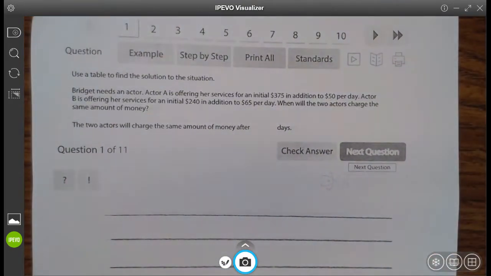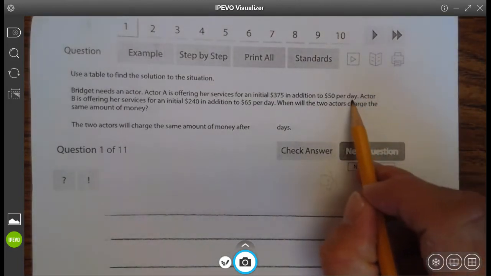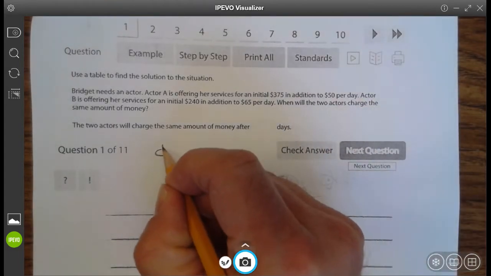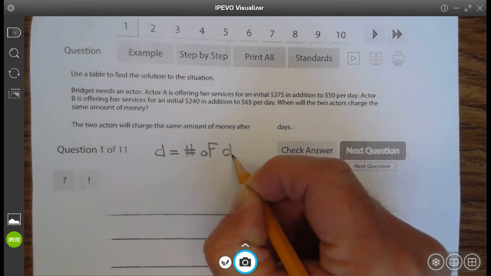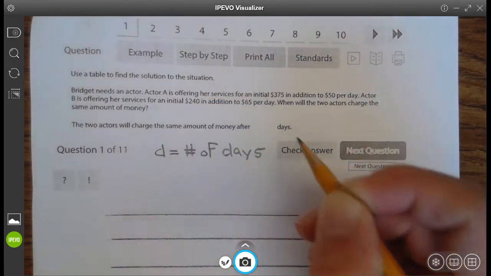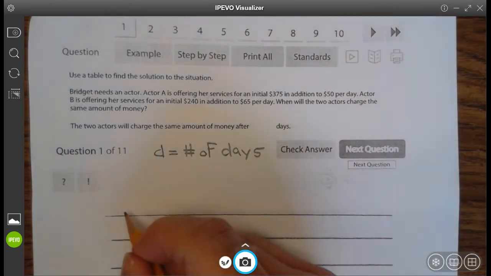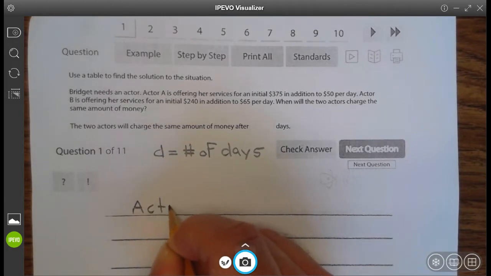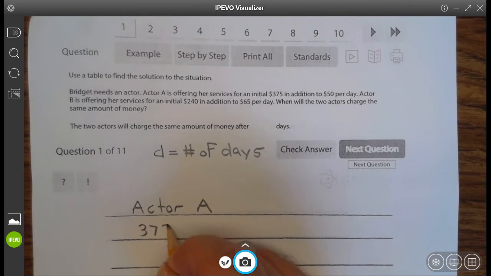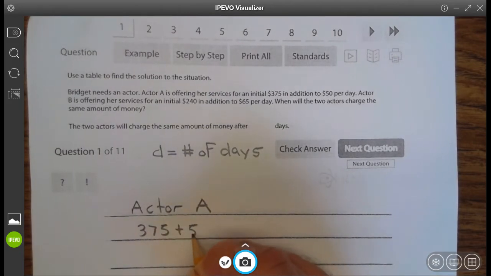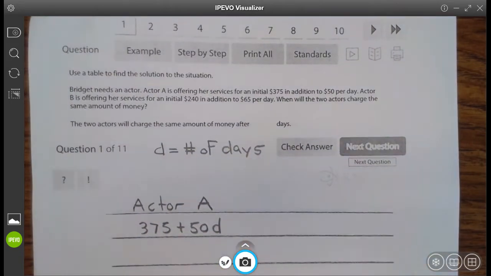All right. Bridget needs an actor. Actor A is offering her services for an initial $375 and an additional $50 per day. That's your variable. So let's let D equal the number of days. Now it says actor A charges initial $375 plus $50 per day.